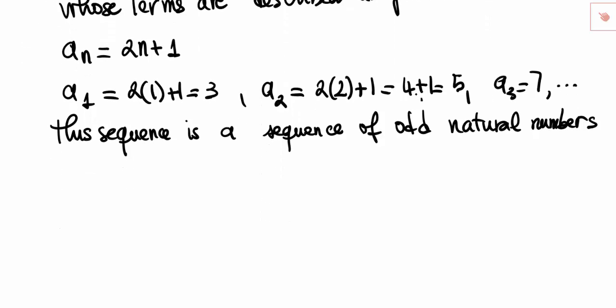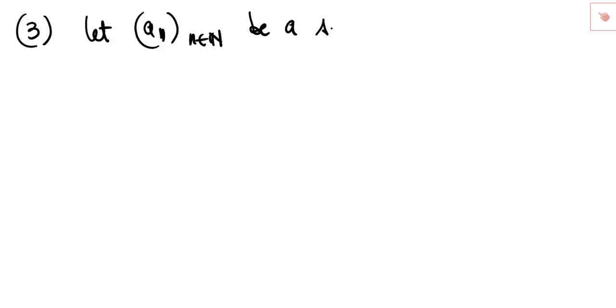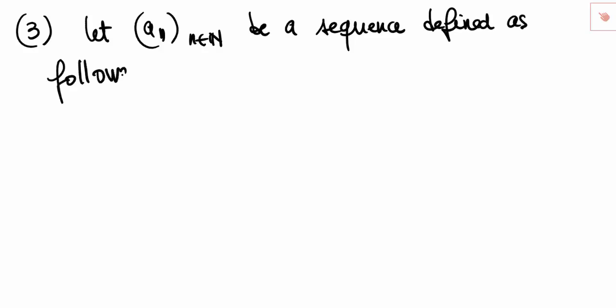Here's another example. Let a n be a sequence defined as follows. a n is equal to 2 over 3n minus 1.